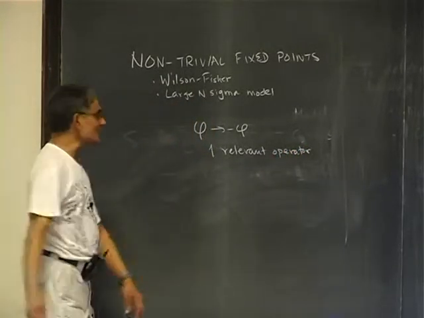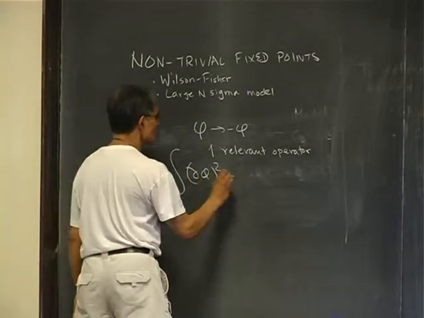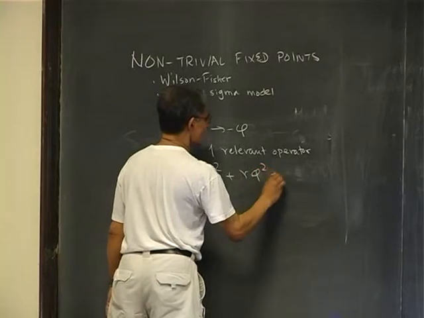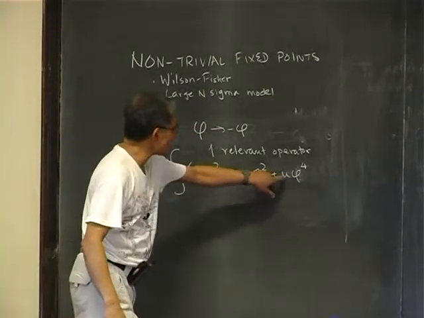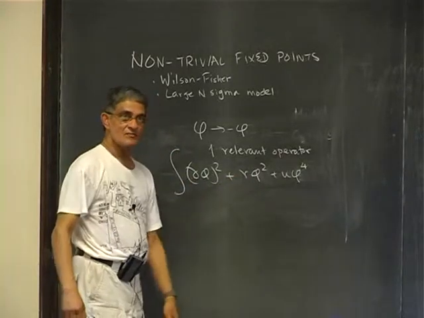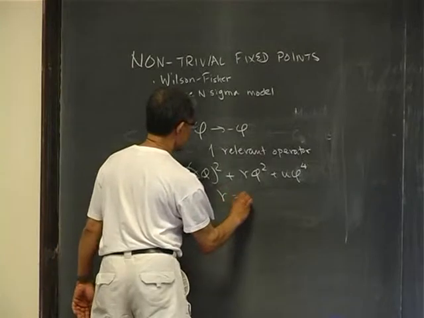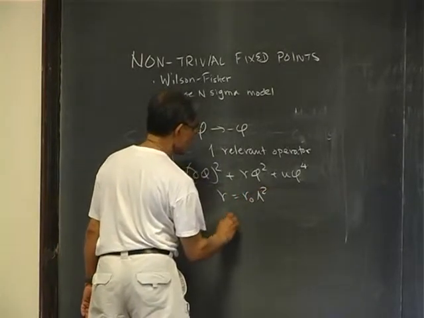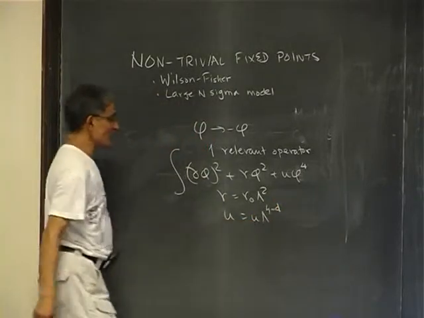A typical Landau theory would have a Lagrangian which looks like this: phi 4. These are dimensional objects, but I can multiply by powers of the cutoff to get dimensionless objects like r equal to r0 lambda square, u equal to u0 lambda to the power 4 minus d.